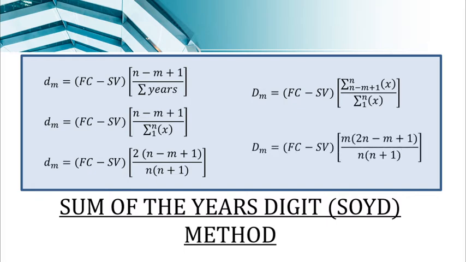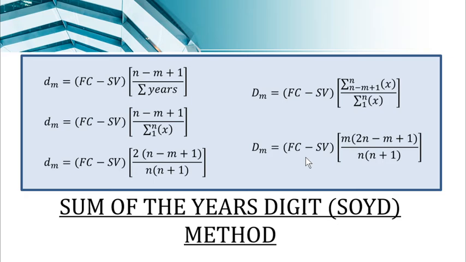Yes, meron pa rin po tayong magagamit na formula which is FC minus SV multiplied by M times 2N minus M plus 1 over N multiplied by N plus 1. So, alin naman dyan sa formulang yan ang gamitin mo kung gusto mo itong may summation or kung gusto mo itong wala, okay lang kasi both of these formulas will arrive with the same final answer.